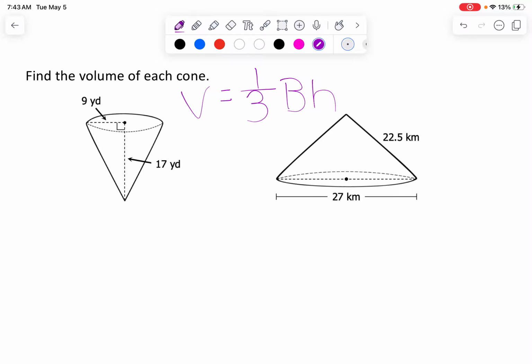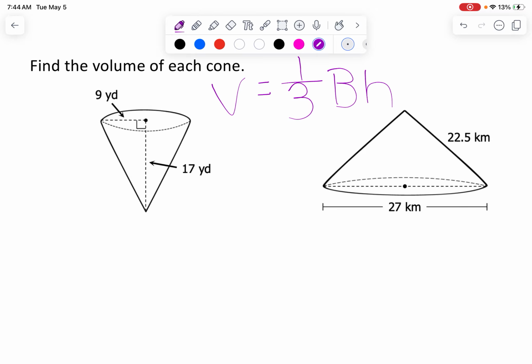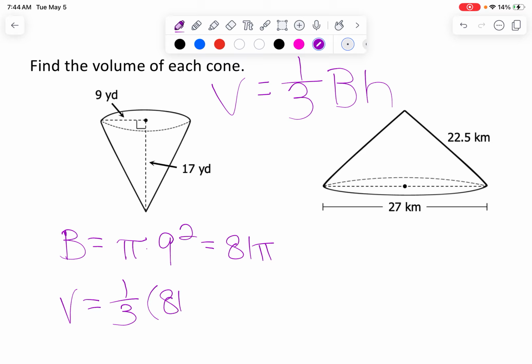Okay, so for this first one, do I have everything I need here? Let's do the base first. That is pi times 9 squared, which is 81 pi. Now I'm just going to type that number, 81 pi, in as my base. So I'm just going to say volume is equal to 1/3 times 81 pi, and then times the height, which I do know, the height is 17.